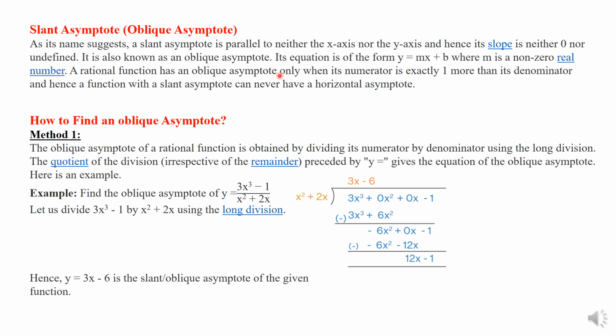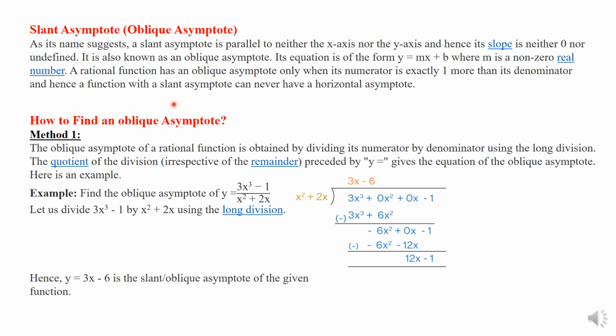A rational function has an oblique asymptote only when the degree of the numerator is exactly 1 more than the degree of the denominator, and hence a function with an oblique asymptote can never have a horizontal asymptote. So if the function has an oblique asymptote, it will never have a horizontal asymptote.